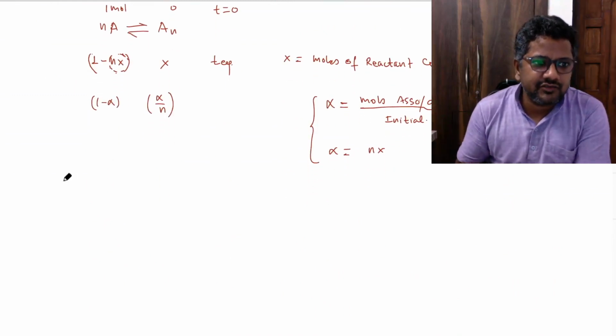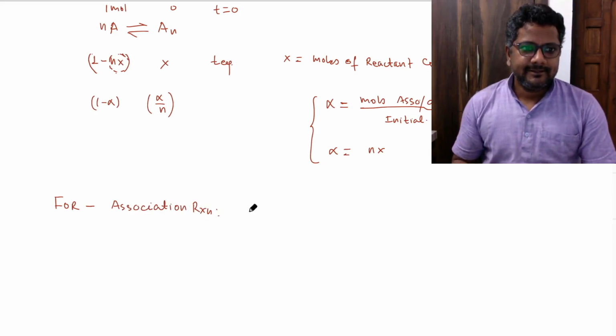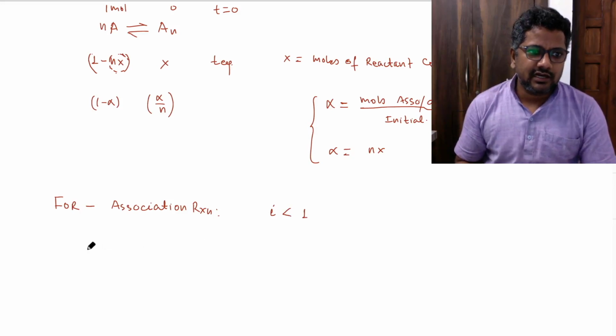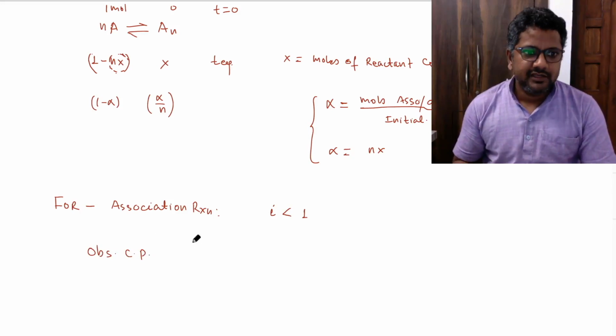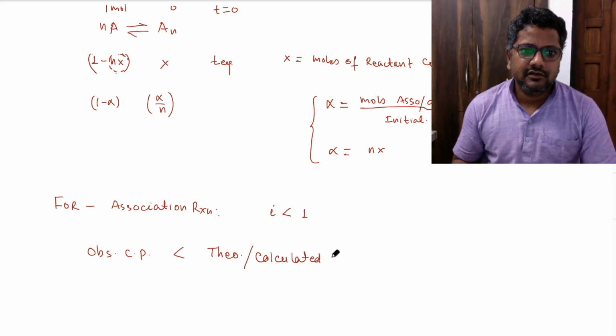So for an association reaction, I is less than 1. So the observed colligative property is less than the theoretical or calculated colligative property.